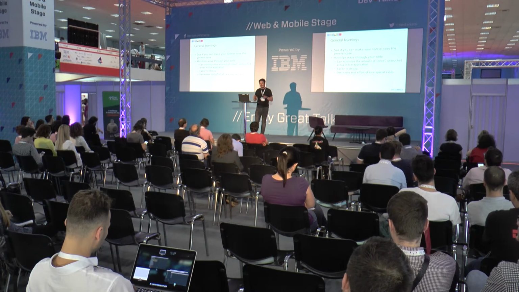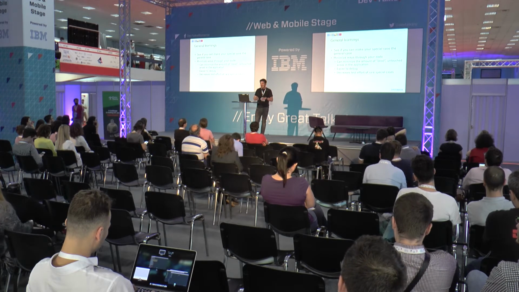And that actually takes me to a slide here: what can we in general learn from this? So I think one important thing as a developer is to say, okay, can I make my special case the general case? I guess this is true for streaming as well. I think that's a good example of this. If you're doing streaming and you just sit at your desk developing, you have a good internet connection every time you use this.